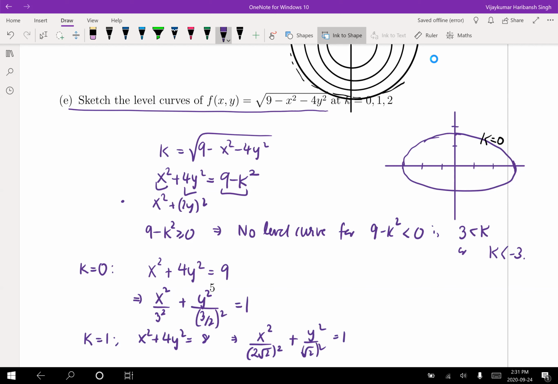Again an ellipse, but with a smaller radius. So 2 root 2 is less than 3. So we get 8, which is 2 root 2 the whole square. So we get a smaller ellipse.